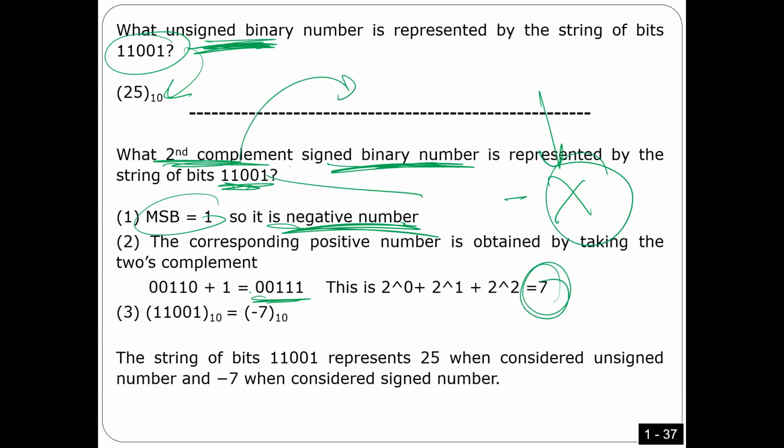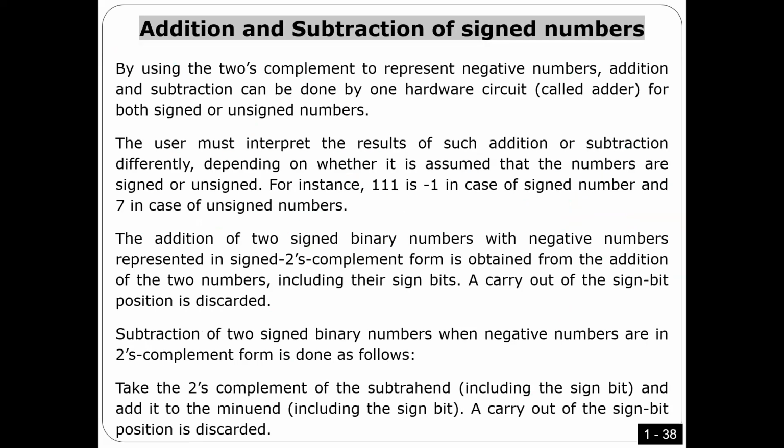So this one should be negative 7. Any questions? You should understand how many combinations of numbers we have in any number of bits. Every n-bit number has a minimum and a maximum, and you should not exceed this limit. If your numbers are bigger, you have to use a bigger number of bits. Any questions?